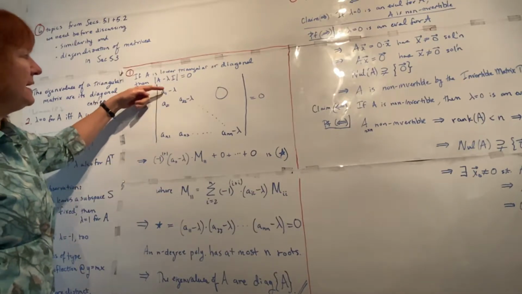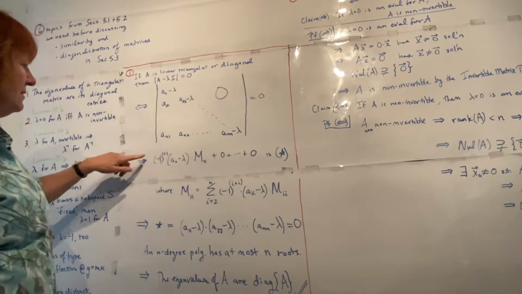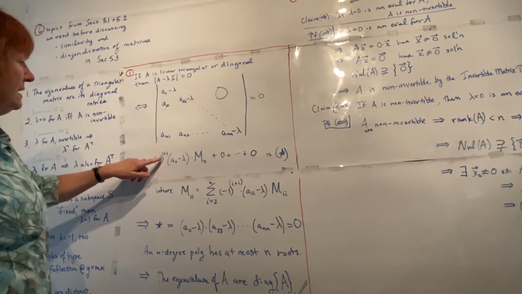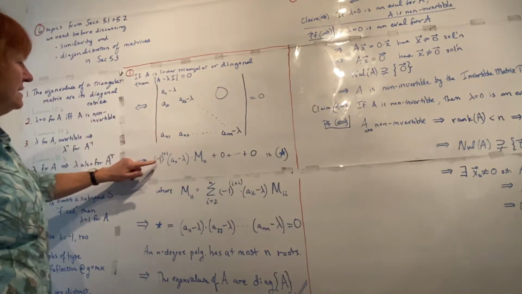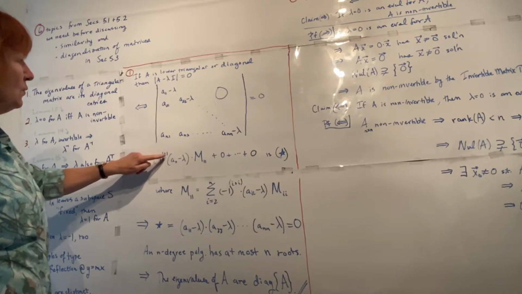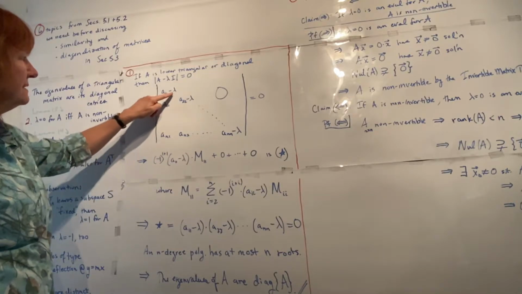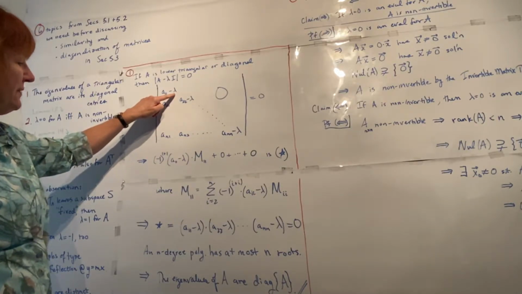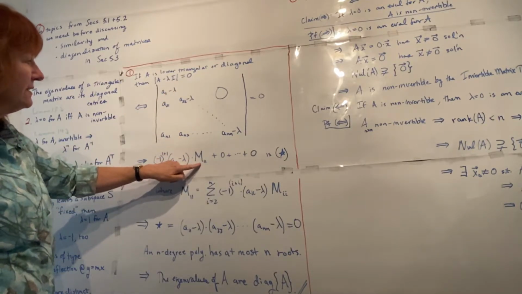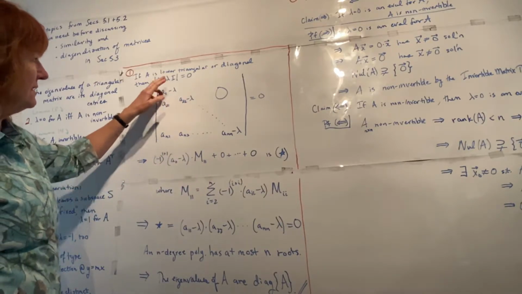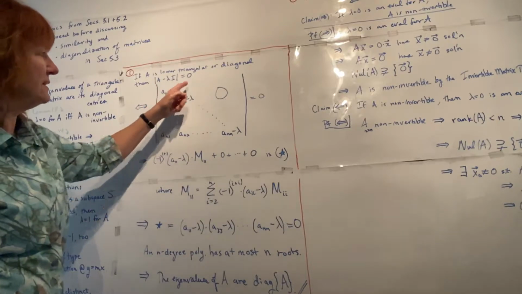But if we expand along that first row, then we have -1 raised to the 1 plus 1, times A11 minus lambda, that would be in that first spot there, times the minor, the determinant of the matrix that excludes that first row and first column.